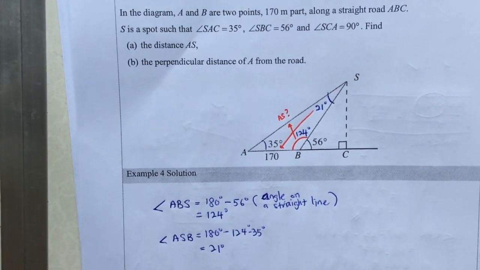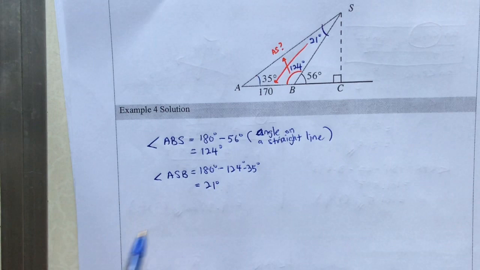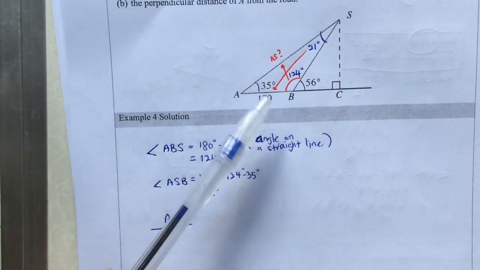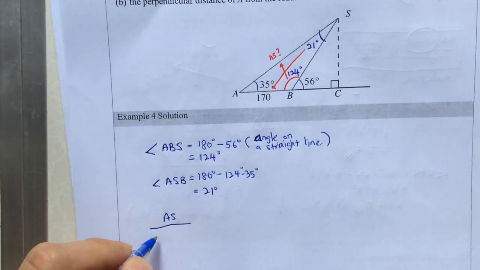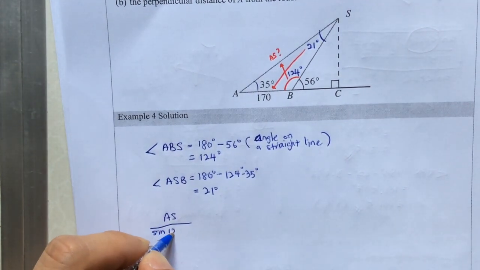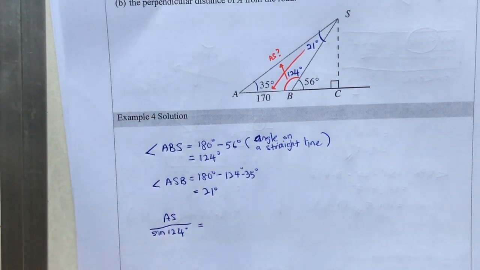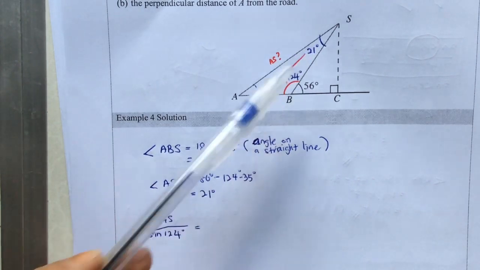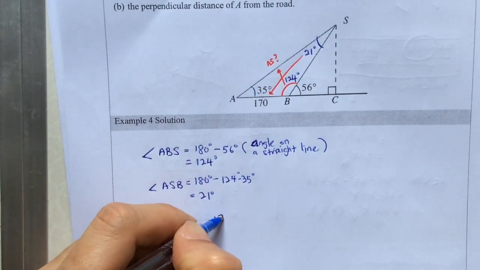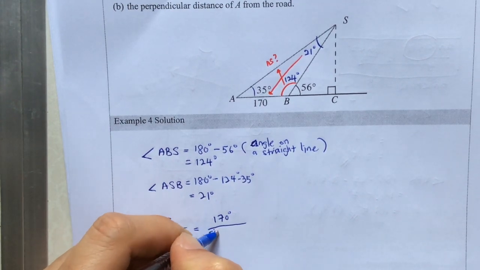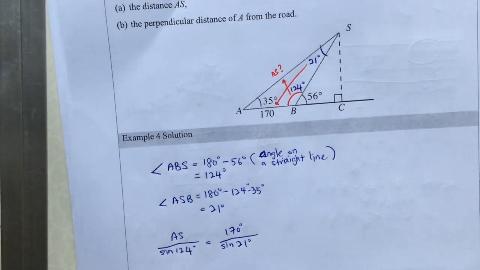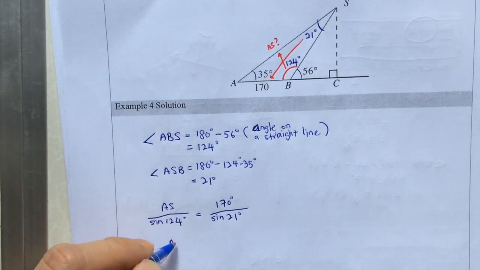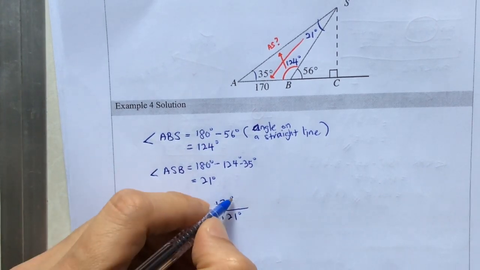So I will put AS, which is the length, over sine 124 degrees, since AS is related to 124 degrees, which is equal to 170 over sine 21 degrees. So this is the sine rule, and we can find AS just by using the method that we have been using.